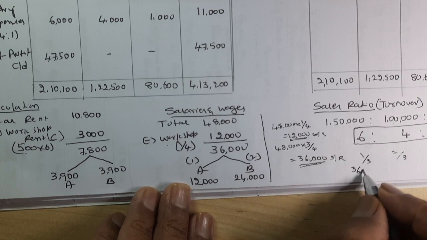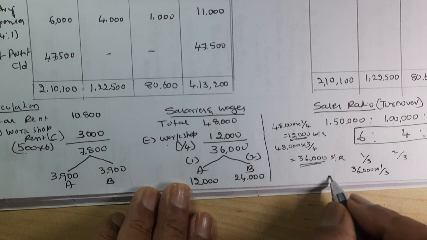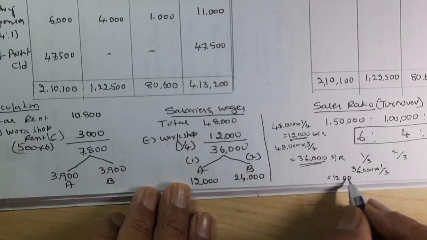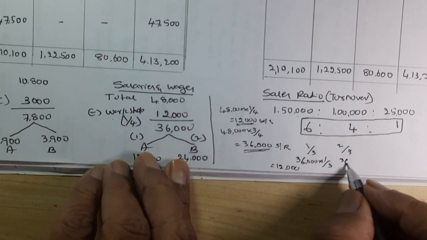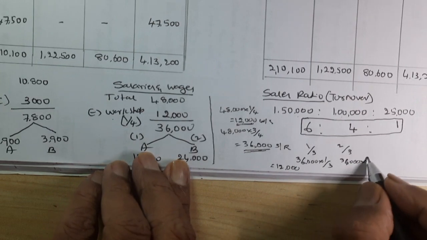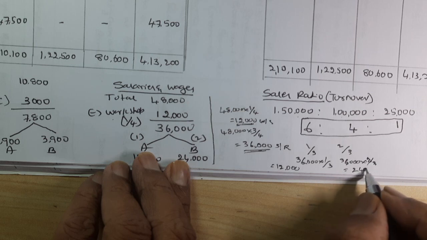So 36,000 into 1/3 comes to 12,000. Then 36,000 into 2/3 is equal to 24,000.